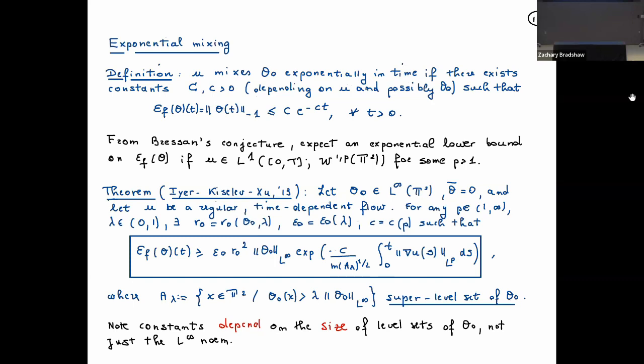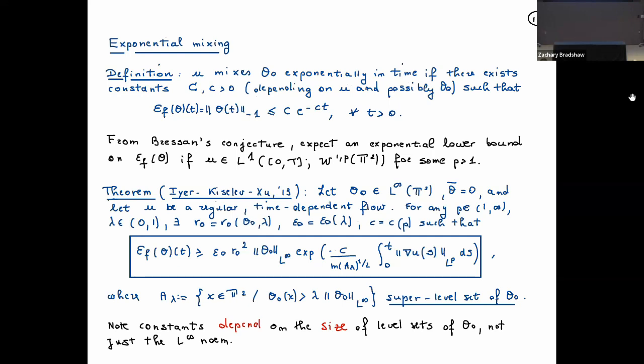you can estimate from below the rate of decay of the functional mixing scale with a constant which depends on the super level sets of the data. So you have to define a super level set here, and they depend on a lambda, so I have to fix a lambda between 0 and 1. And this says that the functional mixing scale is bounded below by the exponential of the integral in time of the gradient of u in L^p, but with constants which depend on theta 0 and lambda, of course, and p.